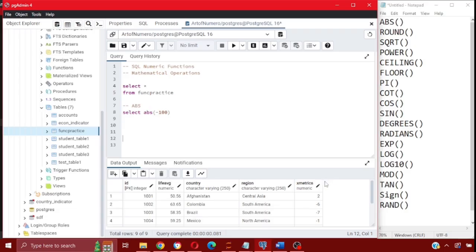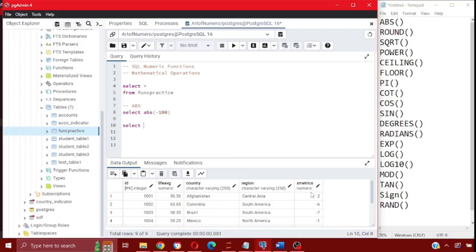I put it together just for the sake of this demonstration, and I intentionally created this column where I inserted some negative integers, so that I can demo how you can change them when you perform an absolute function on a column. So let's go ahead and perform this on X metrics.